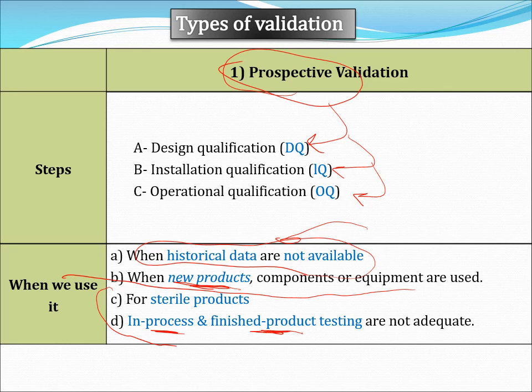So the best thing is to repeat the operational qualification before every batch. Before every batch, you have to make sure that the SOP is written well, people are trained well, and the machine is working well. So you have to repeat mainly operational qualification before every batch. That is considered prospective validation.